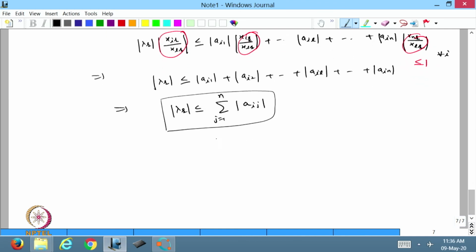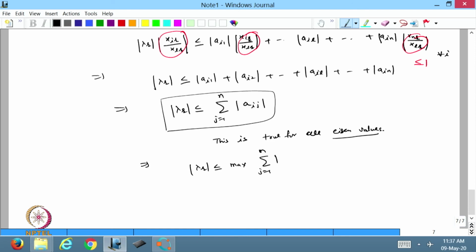Now, this is true for all eigenvalues. So, from here I can write that lambda r modulus can be written as less than the maximum of this one.